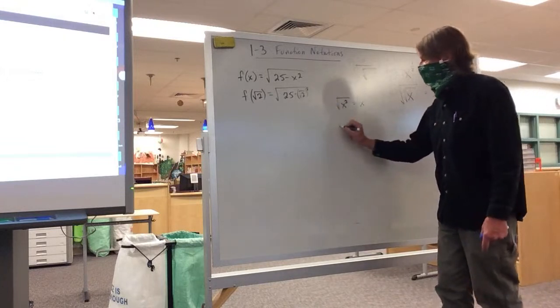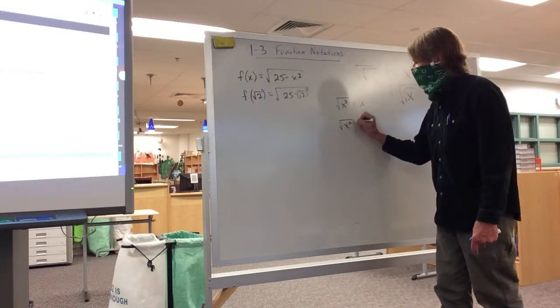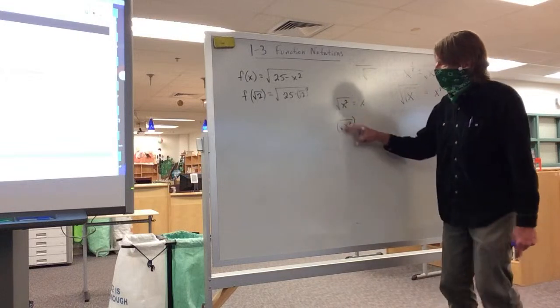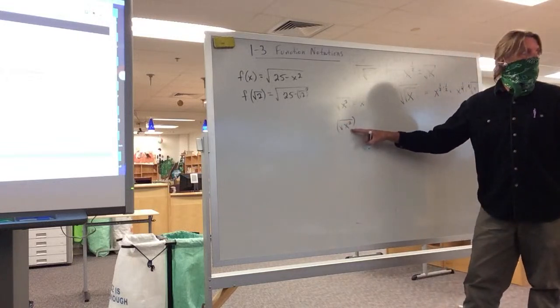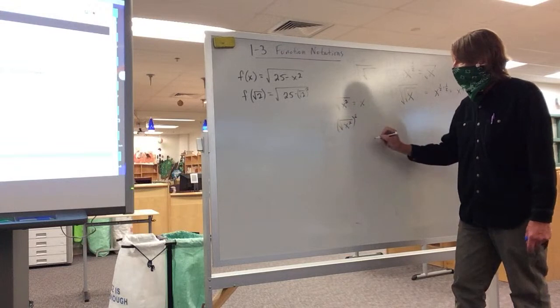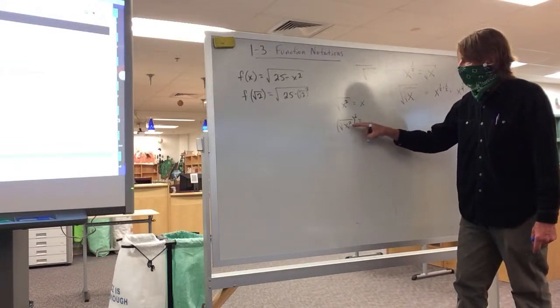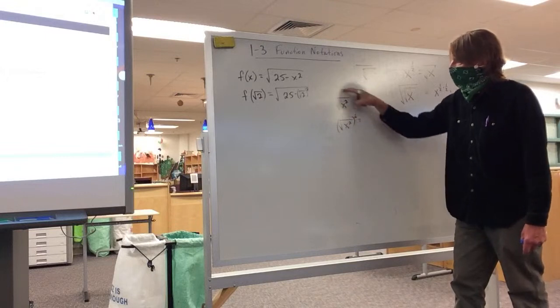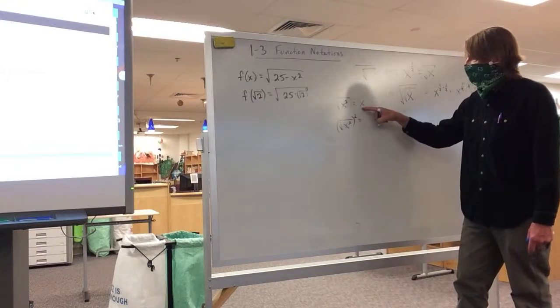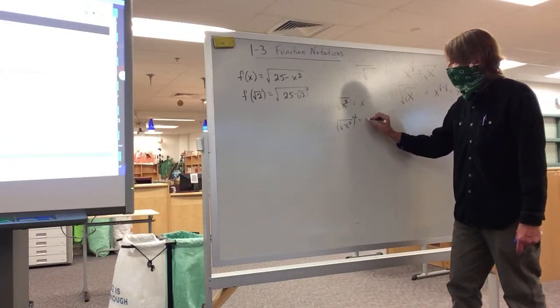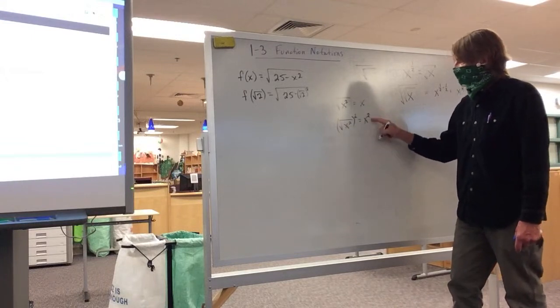So now if I took the square root of x squared and then squared it, that would be like taking this here, which is x, and squaring it. So that becomes x squared.